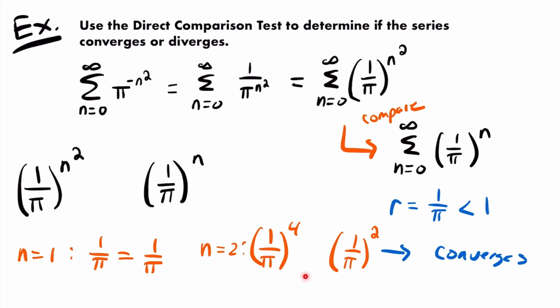And so comparing these two terms, which one is bigger? Well, if you're multiplying 1 divided by pi by itself 4 times, that essentially is 1 divided by pi times pi times pi times pi, and 1 divided by pi squared would be just 1 divided by pi times pi. And so this denominator is larger than this denominator.